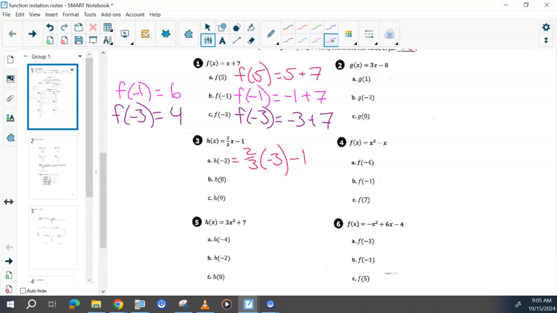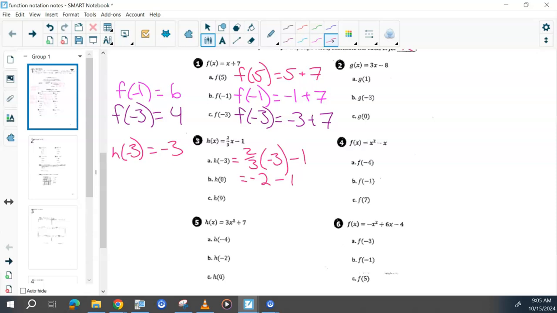Now, as we're doing this, anytime you can simplify, do that step first before you keep going. So 2/3 times negative 3 would give us negative 2, because the 3's cancel, just leaving the negative and the 2. So then h of negative 3 equals negative 3, because negative 2 minus 1 is negative 3.